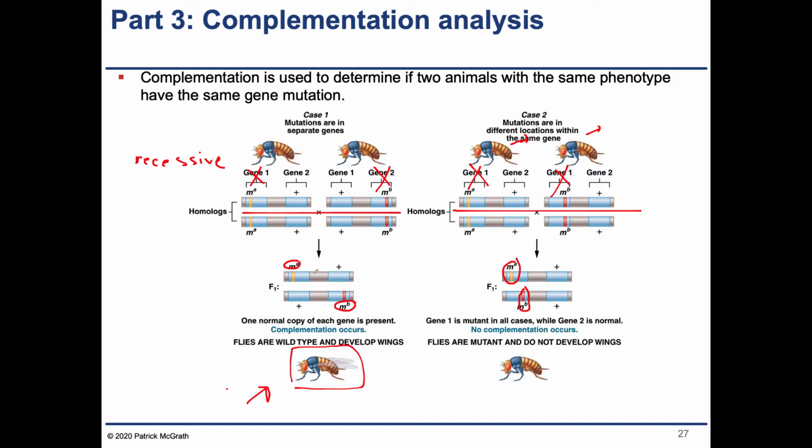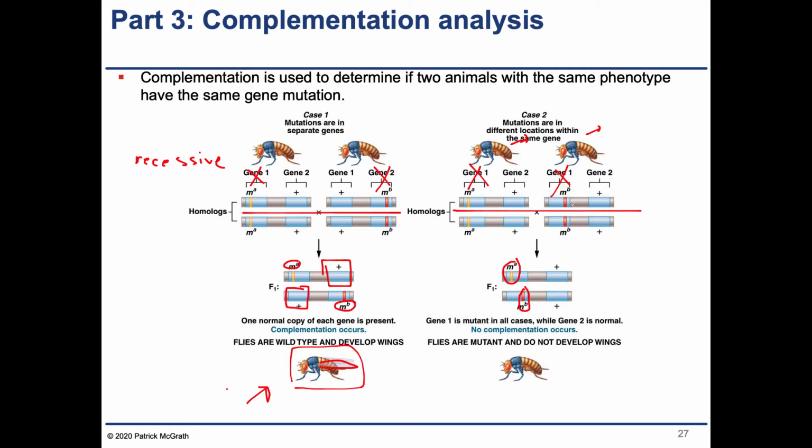So what happens in these two cases? So in this case, you have a fly that has one intact copy of gene 1 and one intact copy of gene 2. So assuming the mutants are recessive, that means they have one normal copy of each gene, and so complementation occurs. And so the flies are able to develop the wings just like they're normally supposed to, because they have one good copy of each.